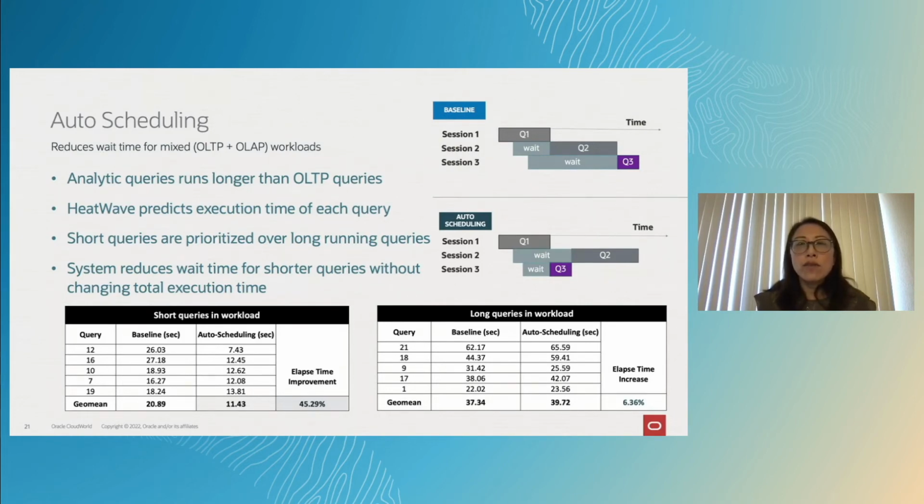On the top right hand corner you can see the baseline. If you have a first come first serve system where different queries come in, Q3 will suffer from Q1 and Q2 because Q3 needs to wait, and Q1 and Q2 actually run much longer than Q3.